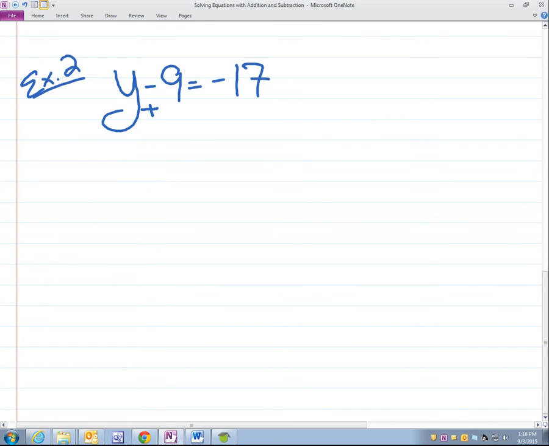I will have to get the minus 9 to go away. And in order to get the minus 9 to go away, I have to add 9. Because it's subtraction. The opposite of subtraction is addition. So then I'm going to add 9 to this side so the siblings don't get angry. So I just have y left over here. And then I have on this side, negative 17 plus 9 is going to be a negative 8.